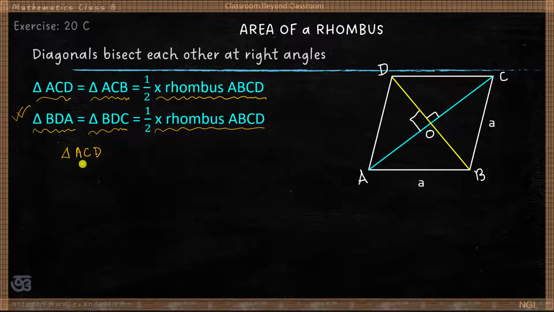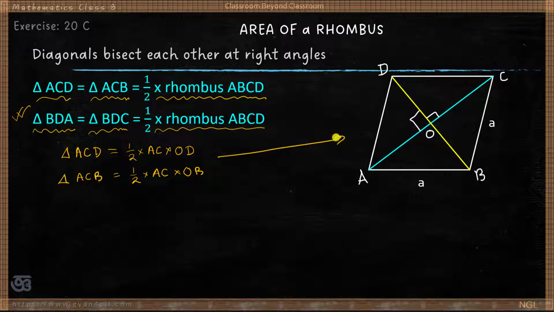If we consider the diagonal AC, then area of the triangle ACD is equal to half of base, and we take AC as the base, multiplied by OD, the corresponding height of the triangle. OD is the perpendicular distance. And area of the triangle ACB is equal to half of base AC and this time the height of the triangle is equal to OB.